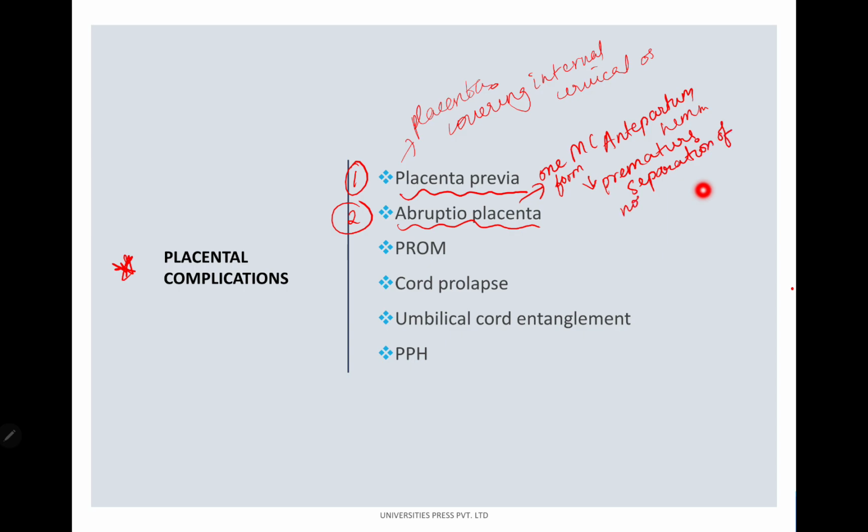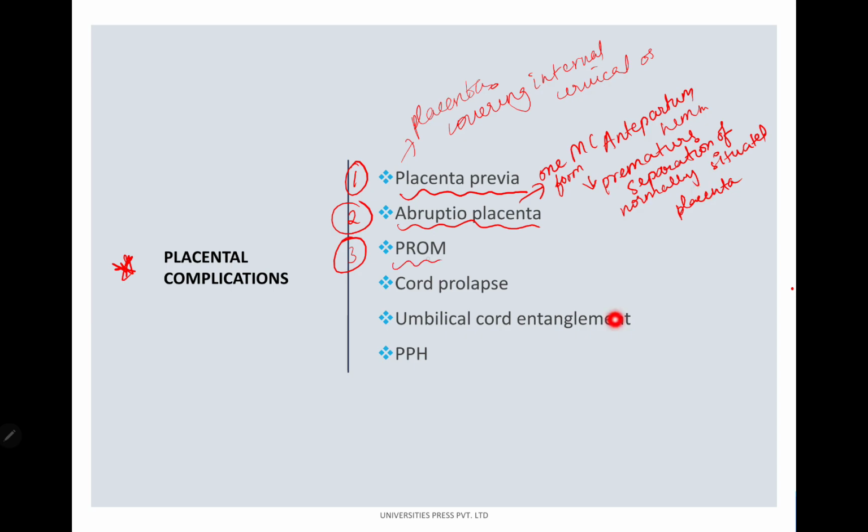That is the definition of abruptio placenta. So abruptio placenta is one form of antepartum hemorrhage where there is a premature separation of a normally situated placenta.